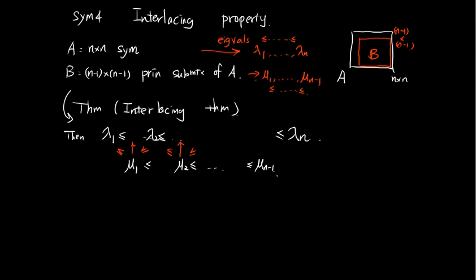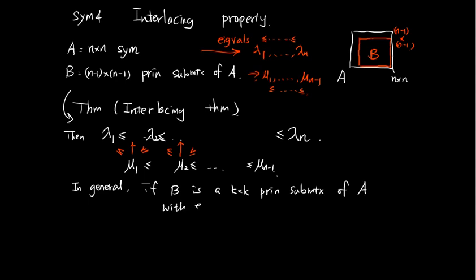So in general, if B is a k by k principal submatrix of A with eigenvalues mu1 up to mu k, and again we order the mu's from small to large, and because it has order k, there are only k eigenvalues here.